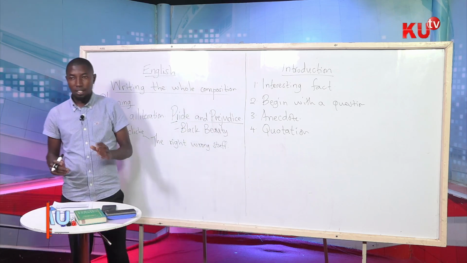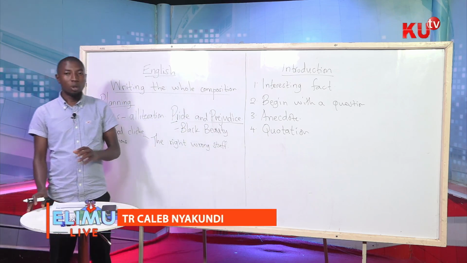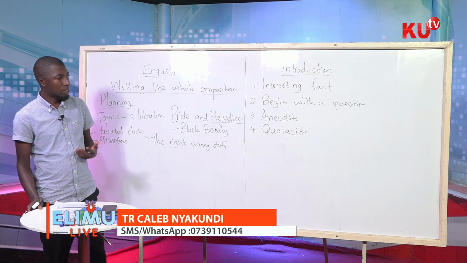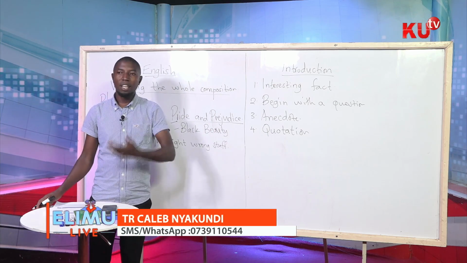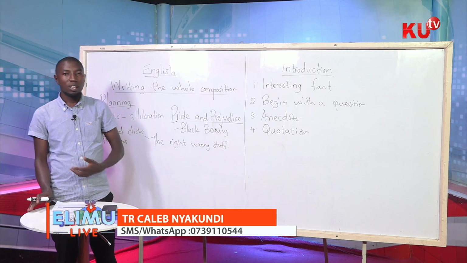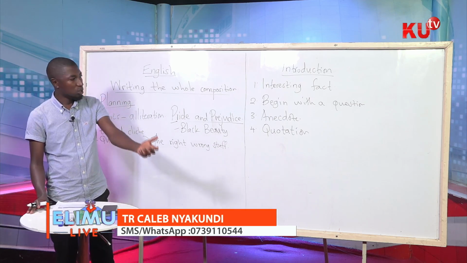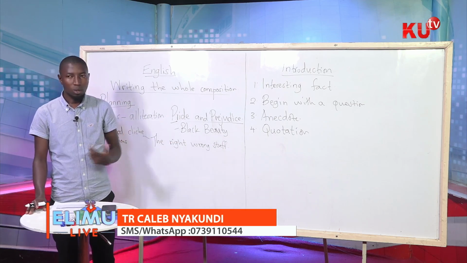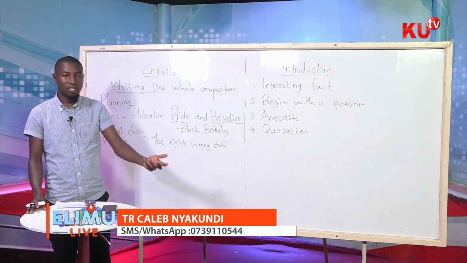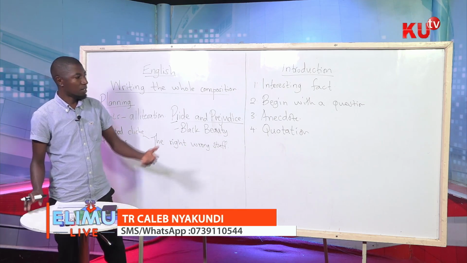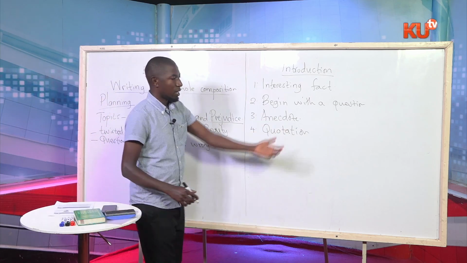I see students quoting or maybe defining, here in the quotation, giving a definition of maybe the title, especially in non-fiction essays. For instance, you have been told to write about the environment.